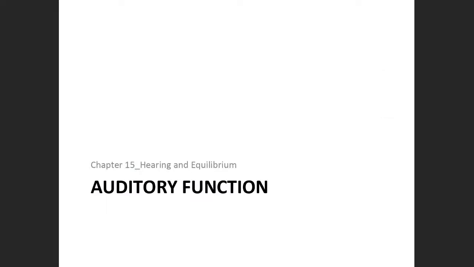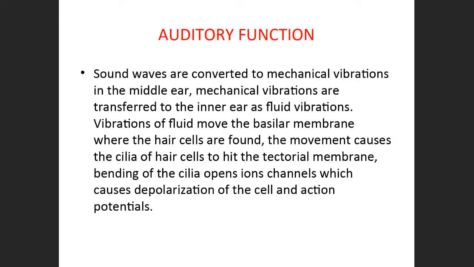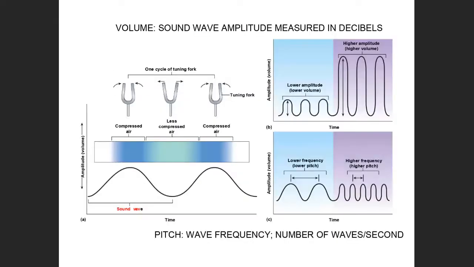So you should have an idea of how sound travels and the structures that it travels through. The loudness of a sound has to do with how many hair cells are activated. The pitch of the sound, these are the waves, so this would be a pitch.